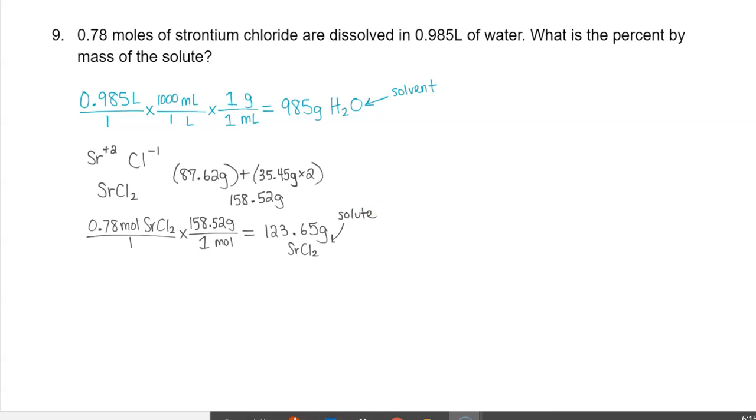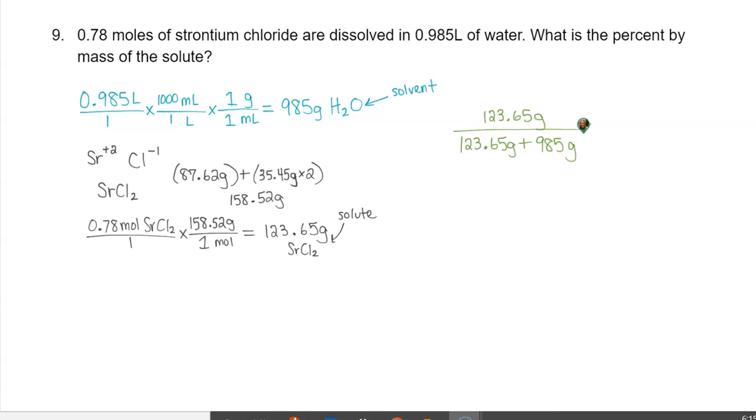Now, we know that the mass percent of the solute is going to be the mass of the solute divided by the total mass. So the mass of our solute is 123.65 grams divided by that same mass again, 123.65 grams, plus the mass of our solvent, 985 grams.